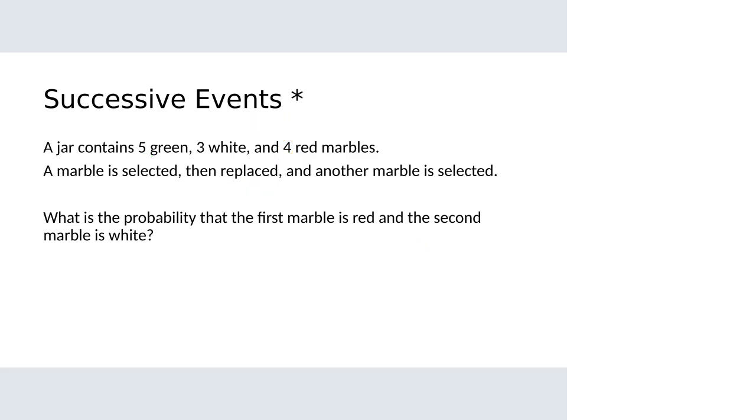Okay, here goes. Same jar, 5 green, 3 white, and 4 red marbles. A marble is selected, then replaced. What's the probability the first marble is red and the second marble is white? I'll set up a poll for this and give you a chance to try it.